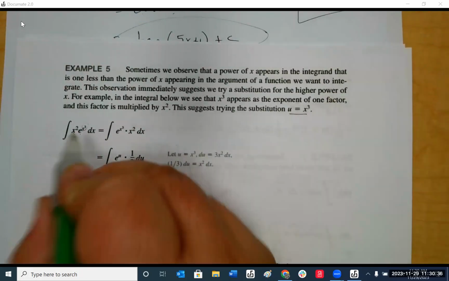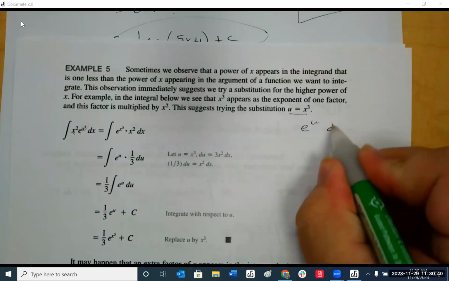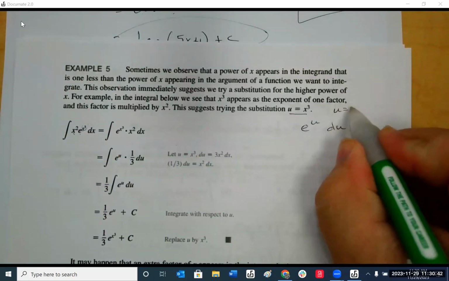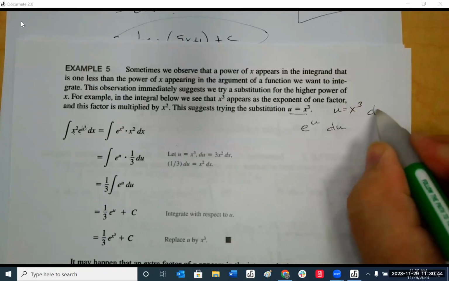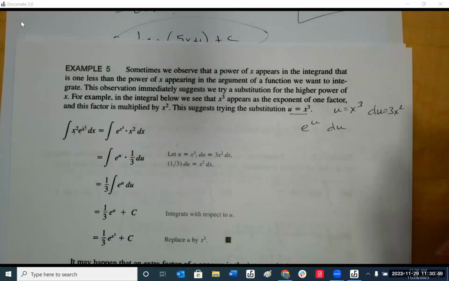So our u is the exponent, so we have e to the u. What would du be? If u is x cubed, then du would be 3x squared. Do we have 3x squared?